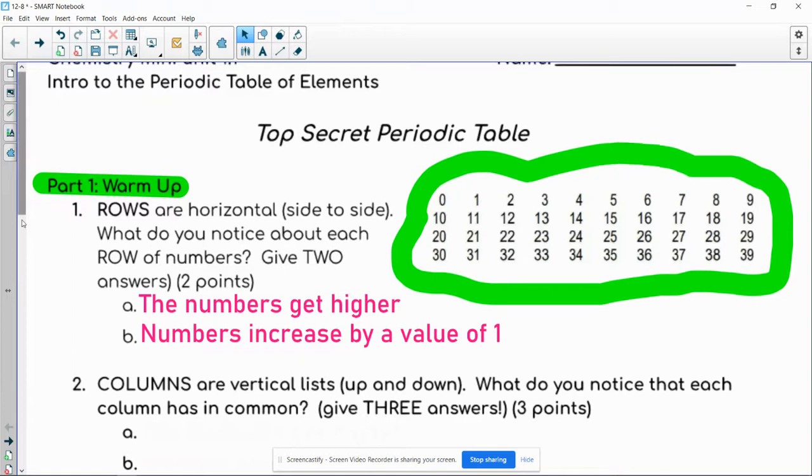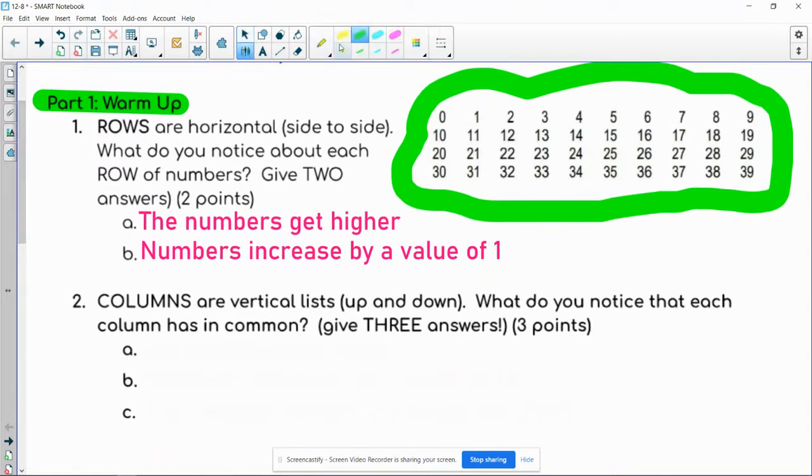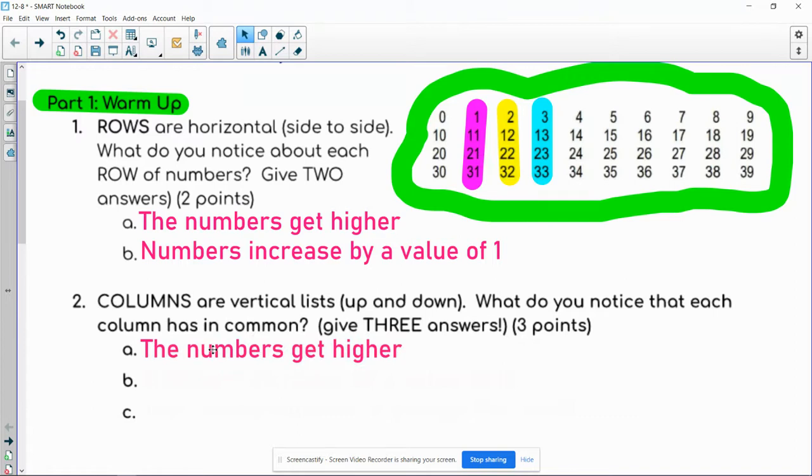Now, if I look at the vertical columns, what do the columns have in common? I could say that, again, the numbers increase just like the rows did. And this time, instead of increasing by a value of 1, the numbers increase by a value of 10.